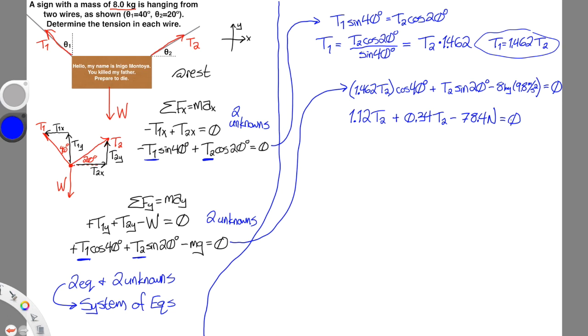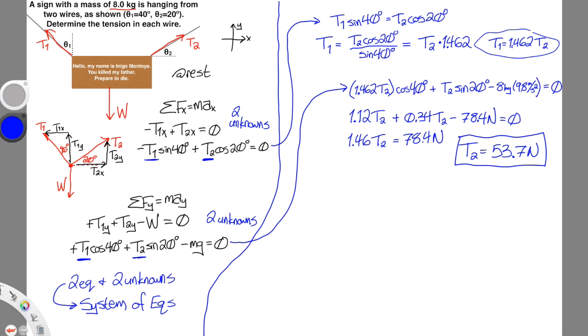Rearranging this, combining my like terms for T2, I have 1.46 times T2 equals 78.4 newtons, which I can solve by dividing by 1.46 and get T2 equals 53.7 newtons. So there's one of my tensions.